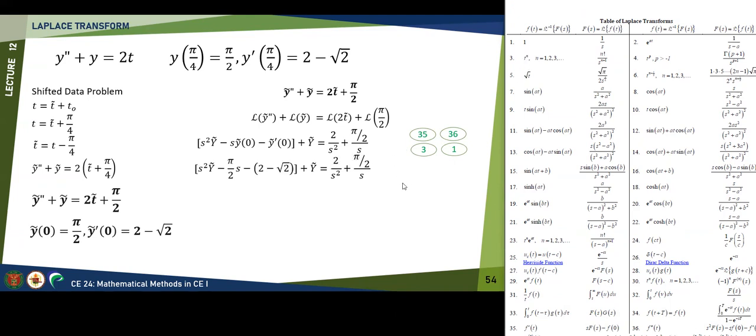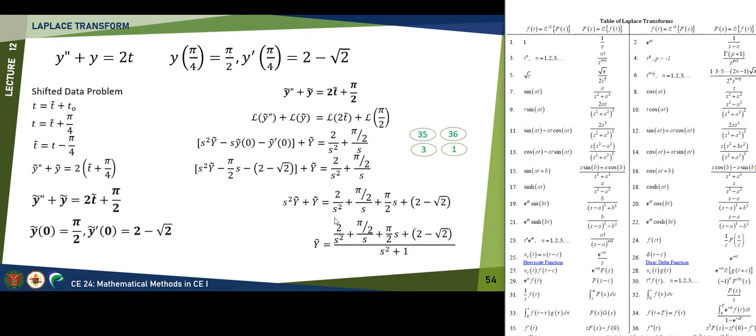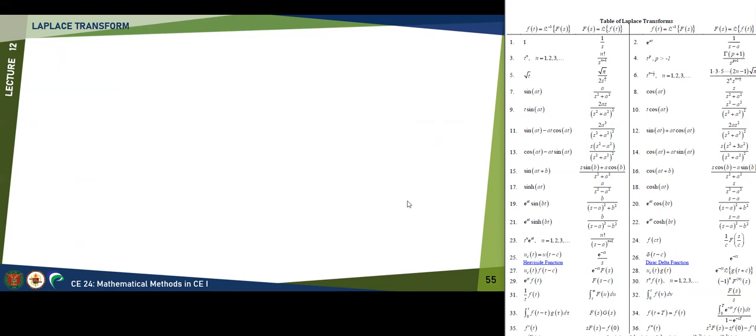Then we isolate all the occurrences of the capital Y tilde. Pagdating dito, kukunin natin yung inverse transform. As I've said, medyo complicated, an example of a rather complicated problem. Paano natin to iisa-isahin?